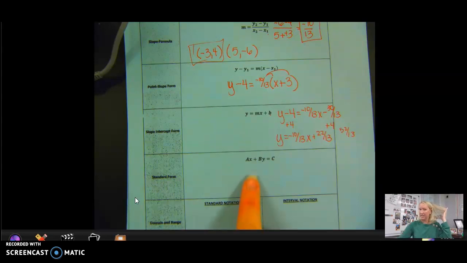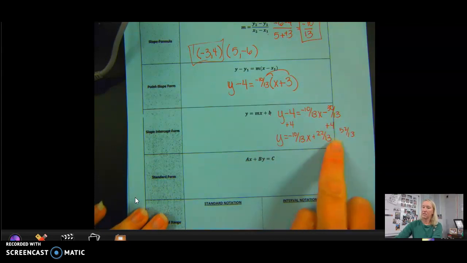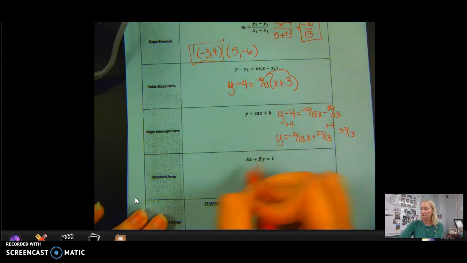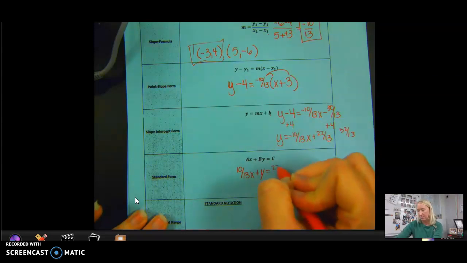To get it into standard form, where I have ax plus by equals c, my y's and x's have to be on the left-hand side, and the plain number goes on the right-hand side. So I add 10/13 x to both sides. I get 10/13 x plus y equals 22 over 13.